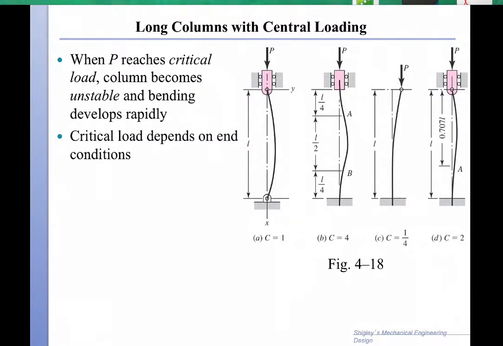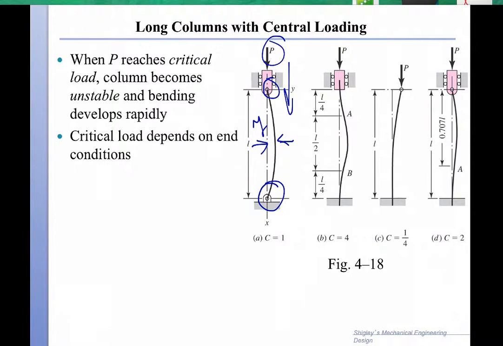We may have the end being pinned from one end and also pinned from the other end. Of course, if you apply a load on top, then the top pin must be free to slide up and down, and that can cause deflection, and the deflection here, we're going to call it Y. So if that's the case, then we would have to consider what is the critical load that will make this column deflect uncontrollably.